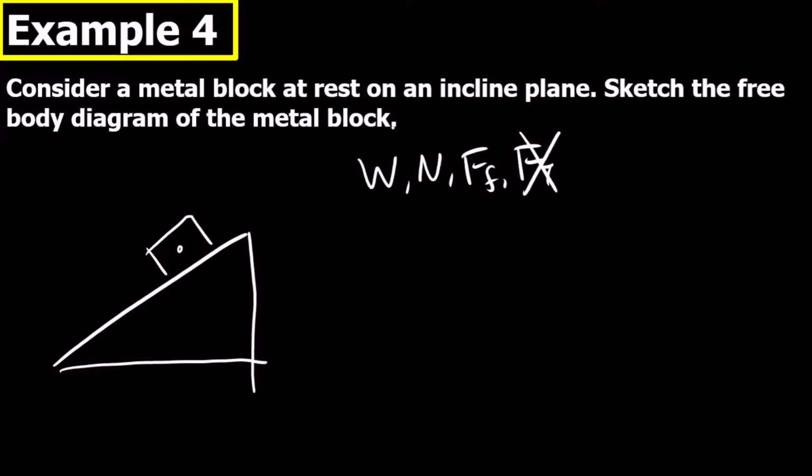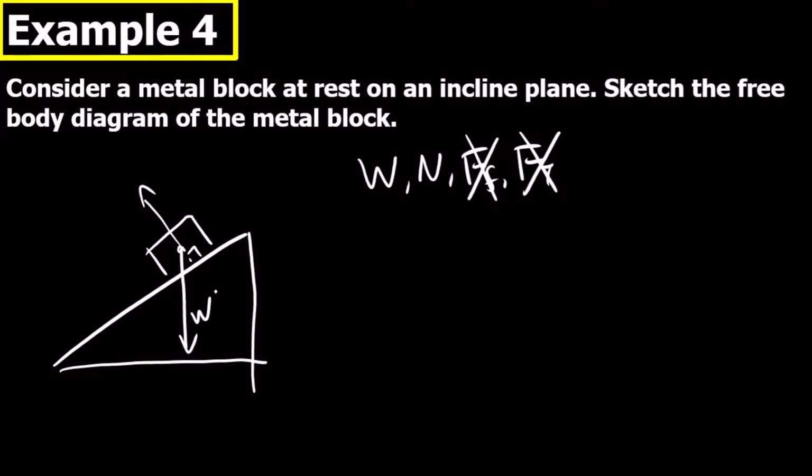It's not moving, so there's no frictional force. There is a normal force, and it is normal to the surface. You extend this back. And then you have weight going directly down, W. That concludes our free body diagram for this particular case.